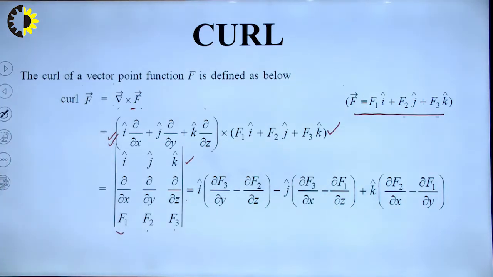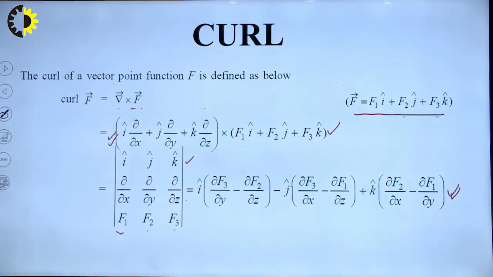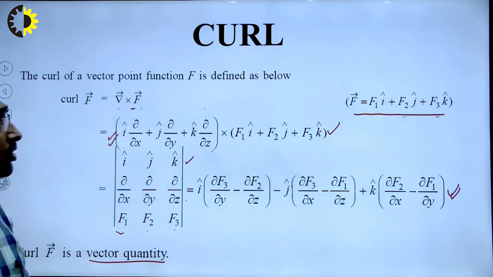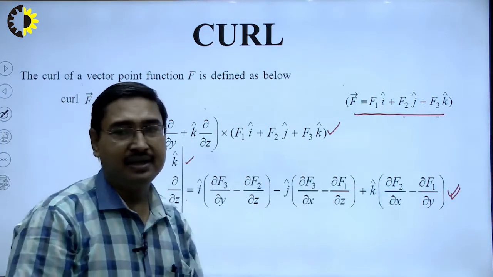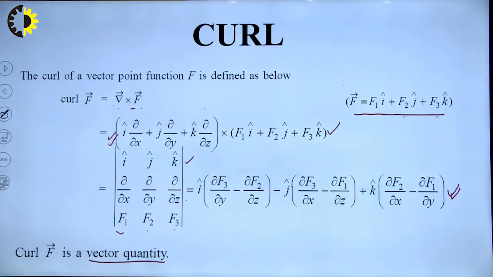Expanding this determinant, I shall obtain the value of the curl of a vector function. It is obvious that curl is a vector quantity because this result is having i, j and k.